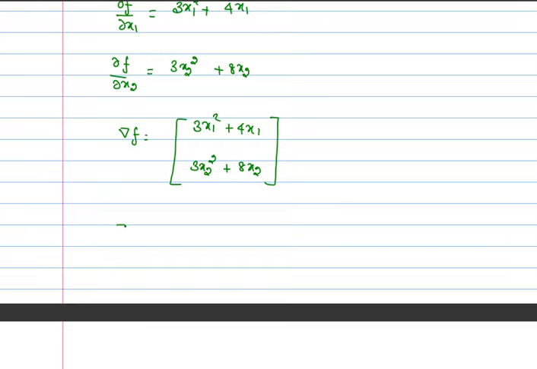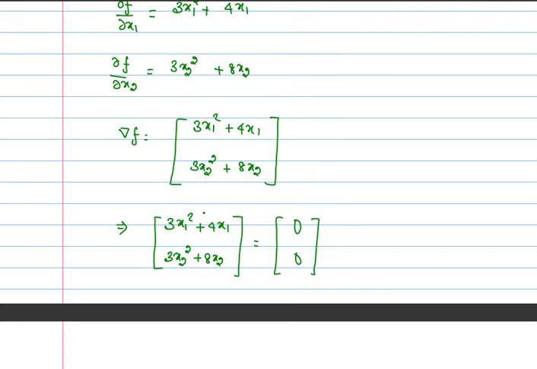This implies 3 times x1 square plus 4 times x1, 3 times x2 square plus 8 times x2 equals 0, 0.